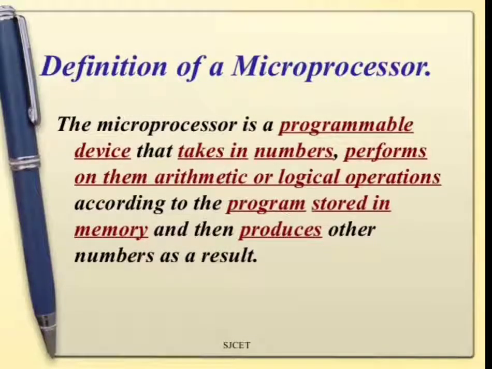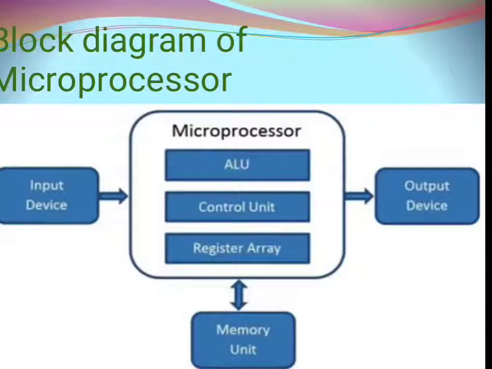Now see the definition of the microprocessor. A microprocessor is a programmable device that takes in numbers, performs some arithmetic or logical operations according to the program stored in the memory, and then produces other numbers as a result. Now see the block diagram of the microprocessor. Here we see this diagram: input device, microprocessor, memory unit, output device.